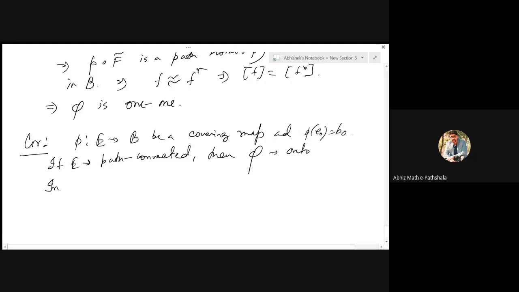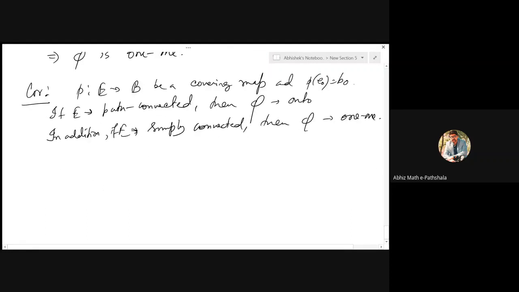And in addition to this, if E is simply connected, then this map will be 1-1. Right? So the domain space, if we consider it to be a simply connected space, then with respect to this covering map, the lifting correspondence will be a bijection, right?